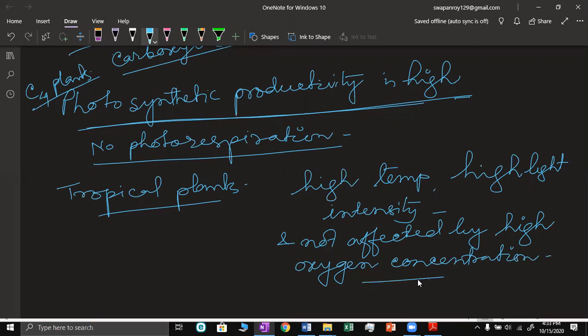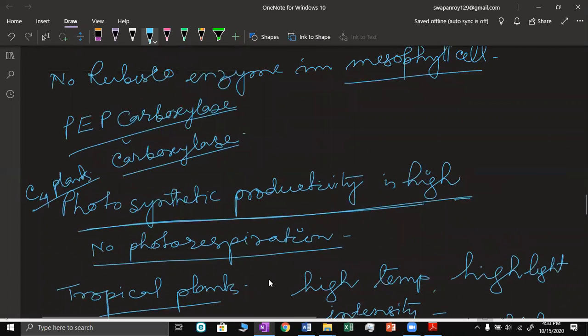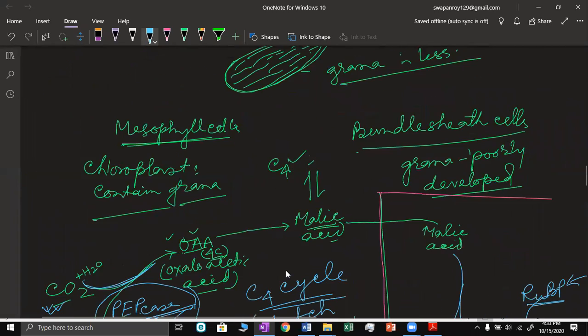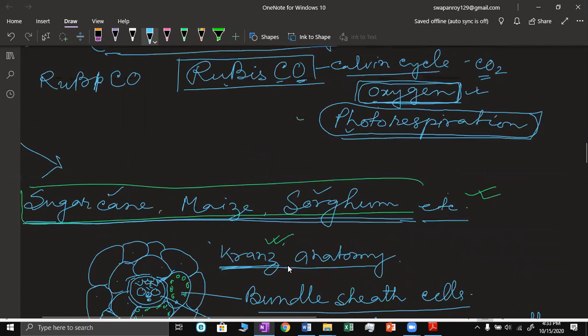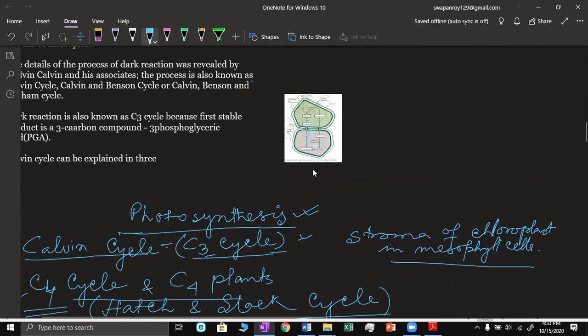Okay. So here I will show you. I have that in your book, one nice diagrammatic representation has been given, and I will show you that one.